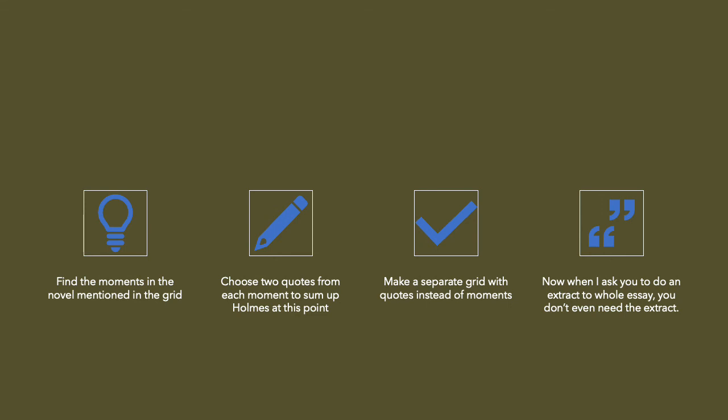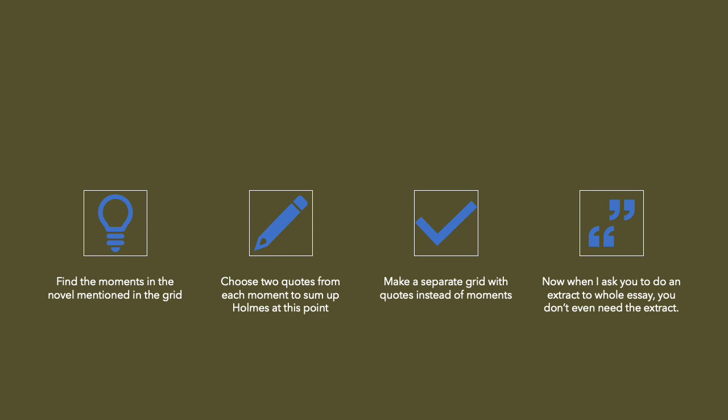And what that means is, when I ask you to do an extract to whole essay, you don't even need the extract, because I could say to you, this is the idea, I could say to you, the extract we're thinking about is when Holmes has dinner with Athelney Jones. How is Holmes presented then, and why, and how does this compare with how he's presented in the rest of the novel?